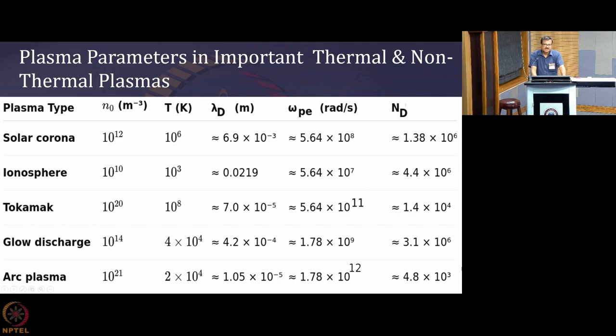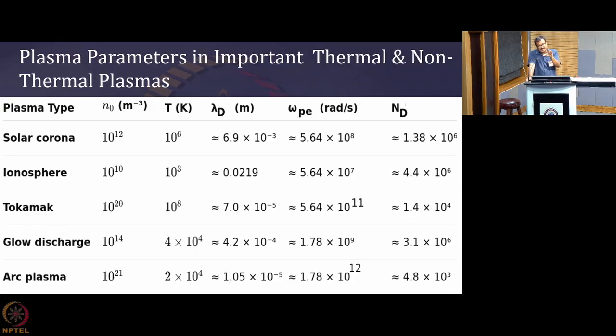So this tutorial basically allows you to have an idea about the plasma parameters that you encounter in the most common, widely discussed, most commonly occurring plasmas, in a single place.